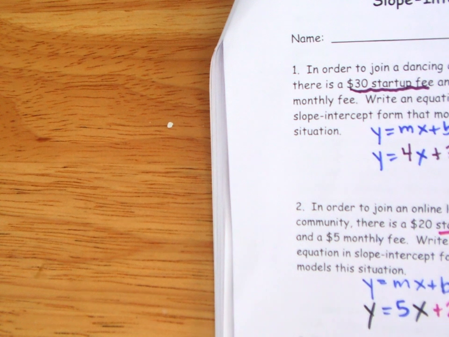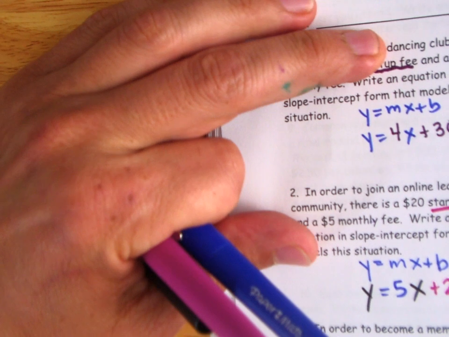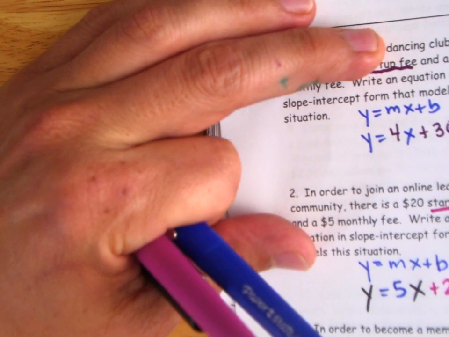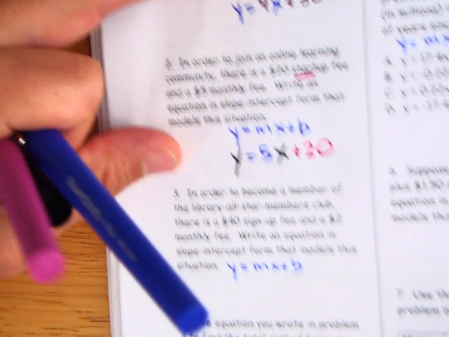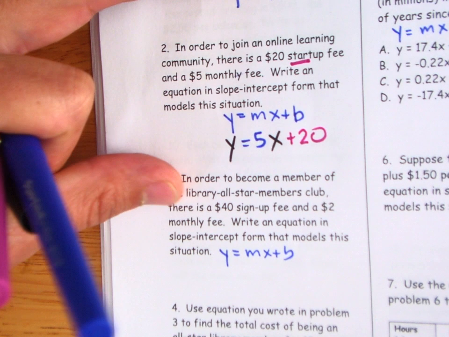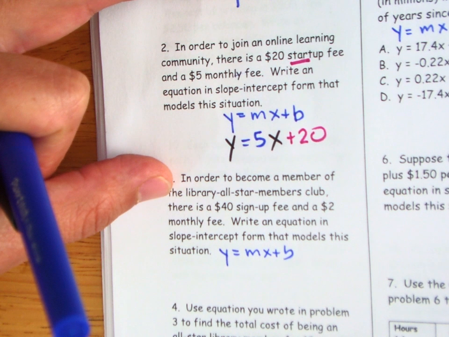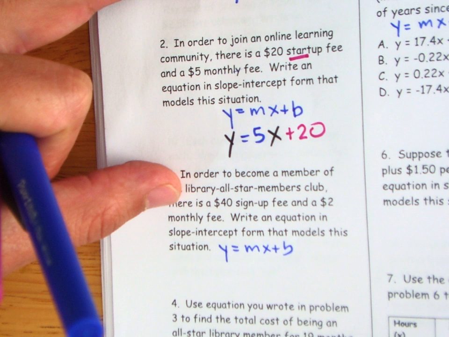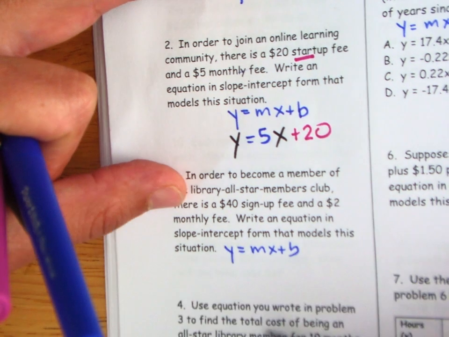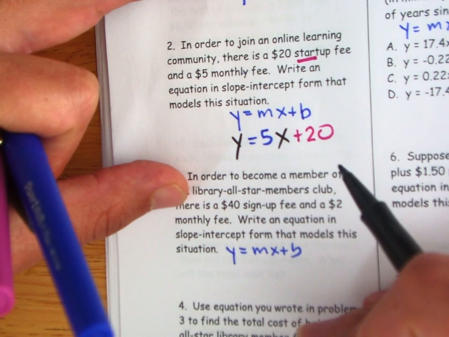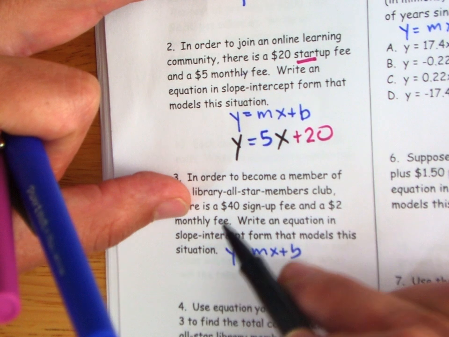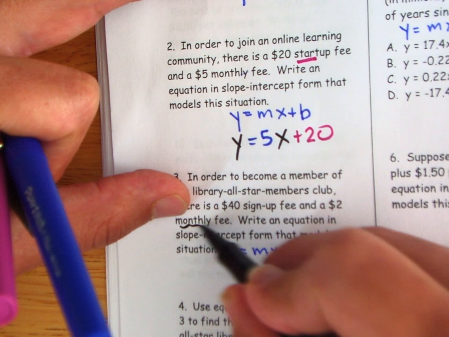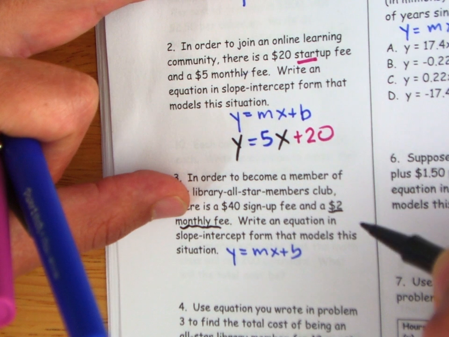All right, so here we go. Number 3 states, in order to become a member of the library All-Star Members Club, there's a $40 sign-up fee. So you have to pay $40. And then there's a $2 monthly fee, so every month you're going to pay $2.